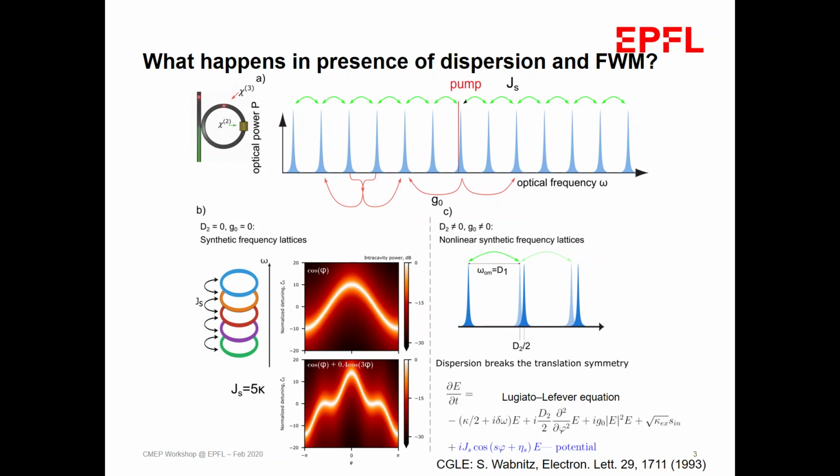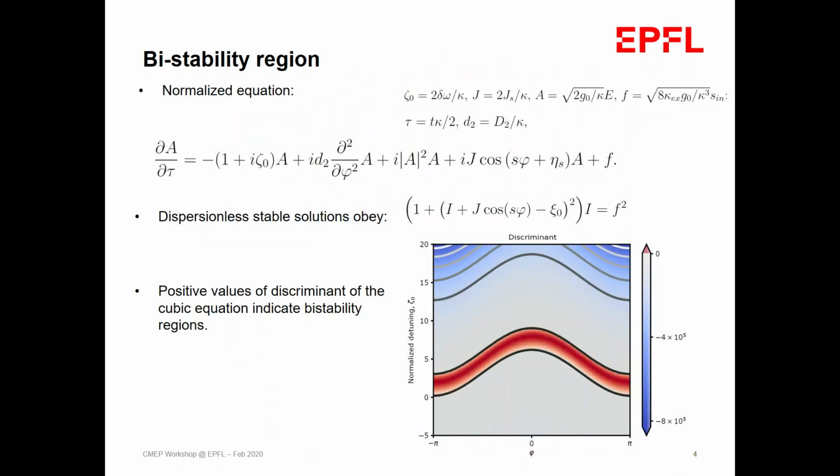I would like to show you one more time that a simple, dispersionless, and time-independent analysis may give us important results. First of all, we renormalize it in Gorodetsky form, as you saw yesterday. We neglect dispersion and time dependence, and we obtain an equation for the intensity inside the ring.